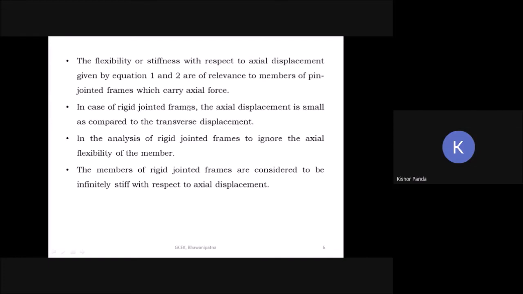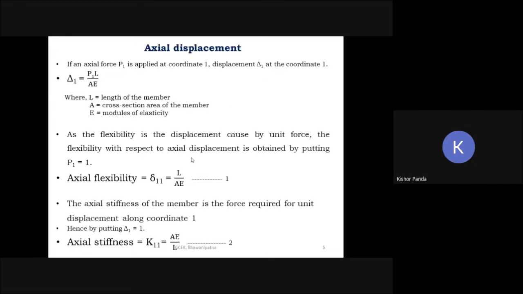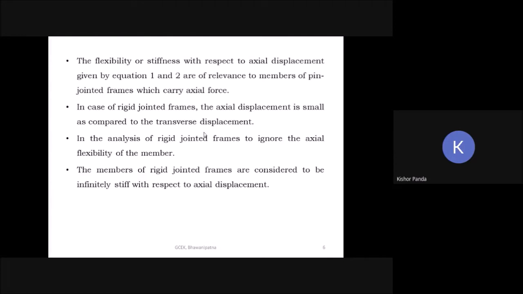But in the case of a rigid jointed frame, the axial displacement is very small compared to the transverse displacement. So we ignore the axial flexibility of the member, and consider only the transverse displacement and rotational displacement.